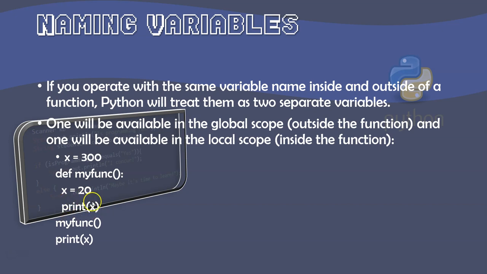When we call this print x function, it's going to return 20 because it's looking at the local scope inside this function. And so then if I call my function, of course that's going to do that, but then if I print x down here, this x is not going to use the locally defined 20. This one would use the globally defined 300.